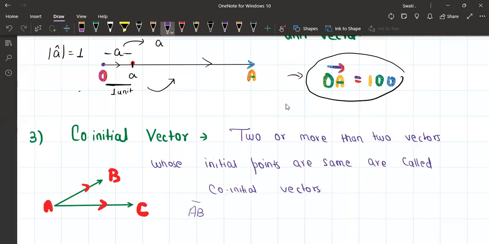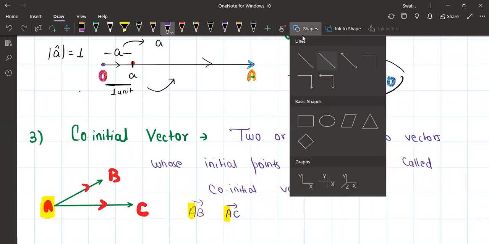This is AB in this direction, this is AC. Because AB and AC have the same initial point, which is A, these two vectors are called co-initial vectors.